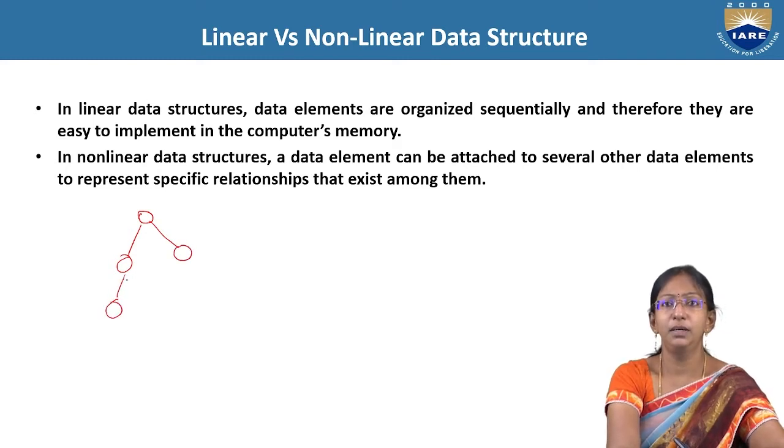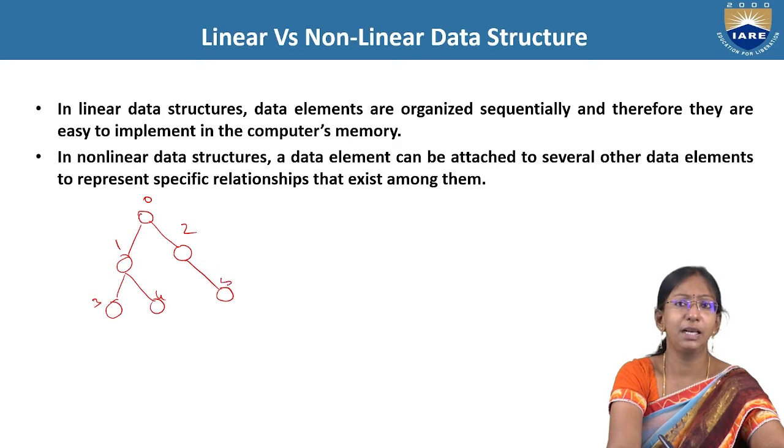For example, a tree is something like this with the root as 0, 1, 2, 3, 4 and 5 in the level order I have given. Then using a linked list, we can store the data.